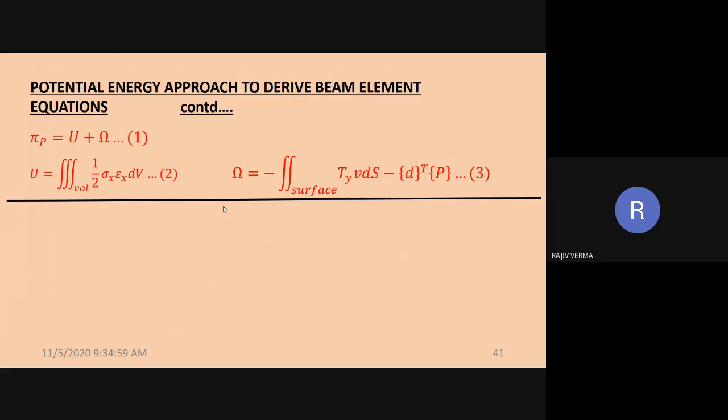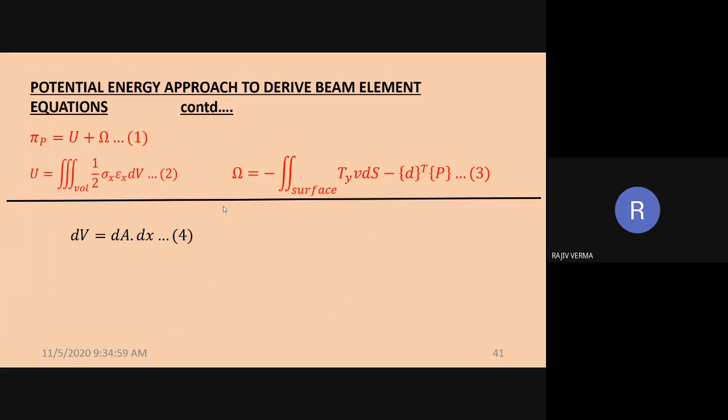And then we obviously make some simplifications, because in a beam element we find that the stresses and strains are one dimensional, others are not existing. So we convert the volume integral to an equivalent line integral, for which we represent elemental volume dV as dA into dx.